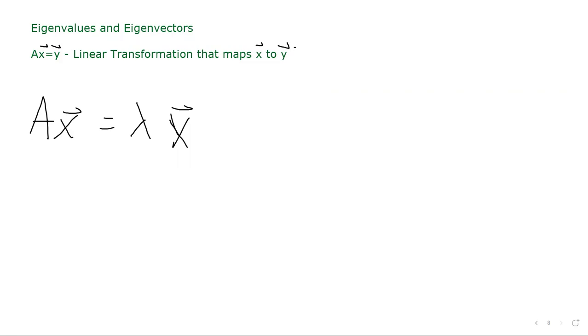So we want to be able to come up with a way to simplify this. We want to kind of quantify our A matrix into just a number. So the question is, how do we do that?